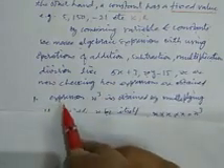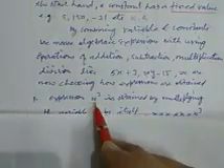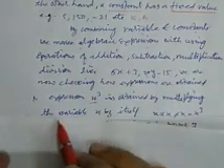So now we take x cube. The expression x cube is obtained by multiplying the variable x by itself 3 times. x into x into x becomes x raised to the power 3.